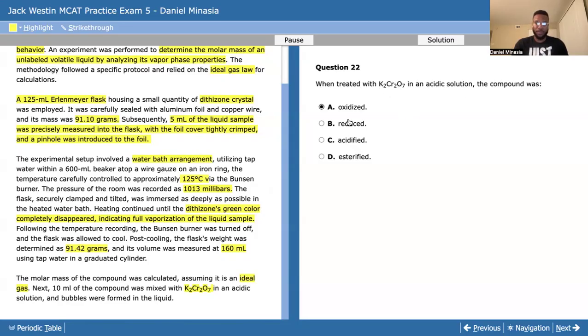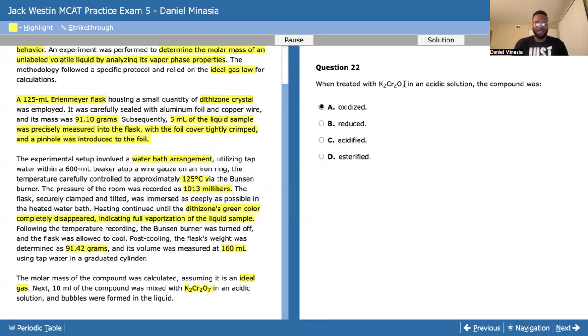If this was a reducing agent, it would want to reduce things, and what is reduction? Gain of electrons. It wouldn't be acidifying anything because there's no way for this to acidify anything, since it doesn't have any protons to give, even though the thing is in an acidic solution.